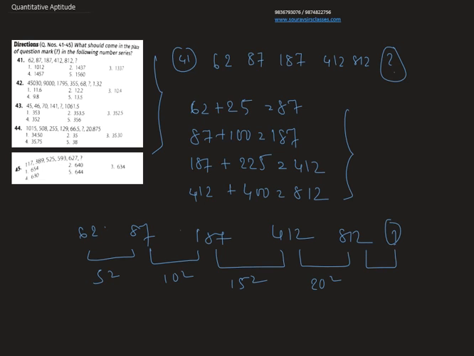Therefore, the next one must be 25 square. Therefore, our required answer is 812 plus 625, which results in 1437. Therefore, option 2 is the correct answer.